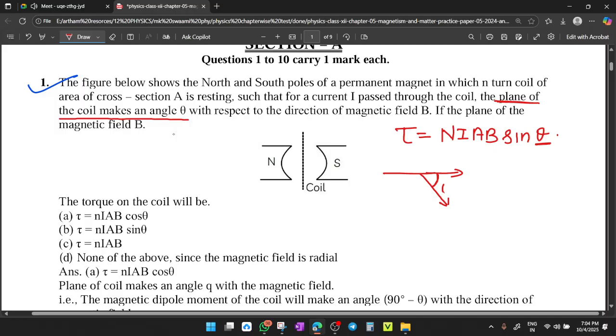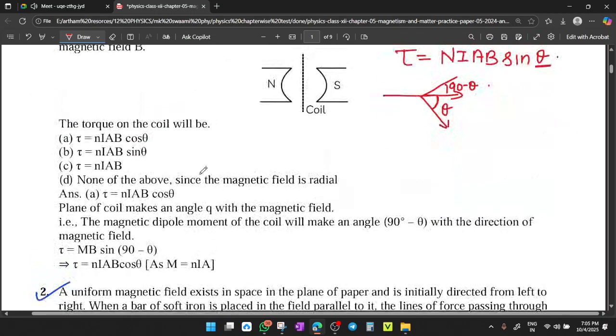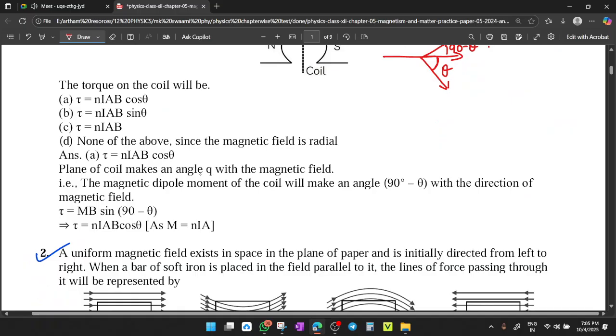So the angle with the plane is 90 minus theta. If you place 90 minus theta, it becomes NIAB cos theta. So the answer is torque equals NIAB cos theta. This is the complete resolution of this question.